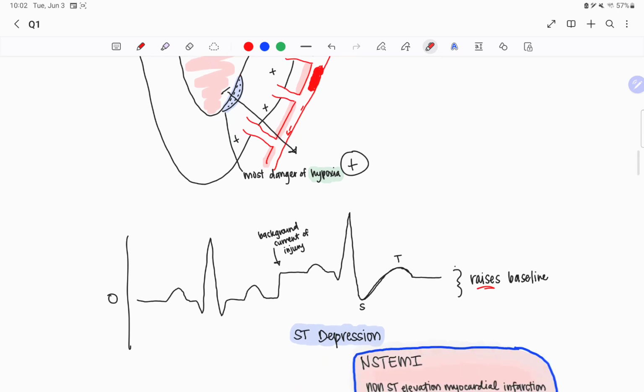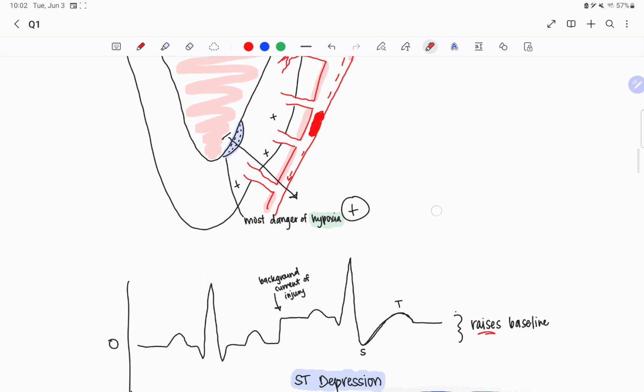Okay, so we're going to see this jump. So this might be normal. If this is a normal ECG, then we would see a jump here in our RMP from where it normally is. And this is called a background current of injury. So when you see an elevation in a background current of injury, we're probably dealing with an NSTEMI.